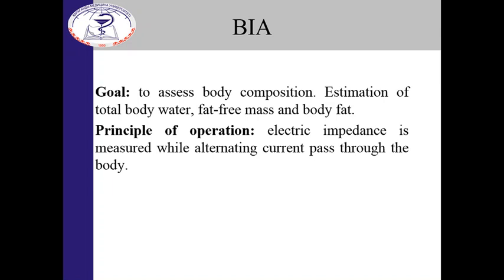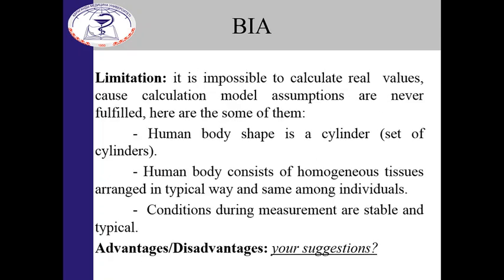But we get an electric quantity, impedance. Please realize that using a special formula, we should recalculate this into terms of the components, the balance between those parts, like water, fat, and lean mass.